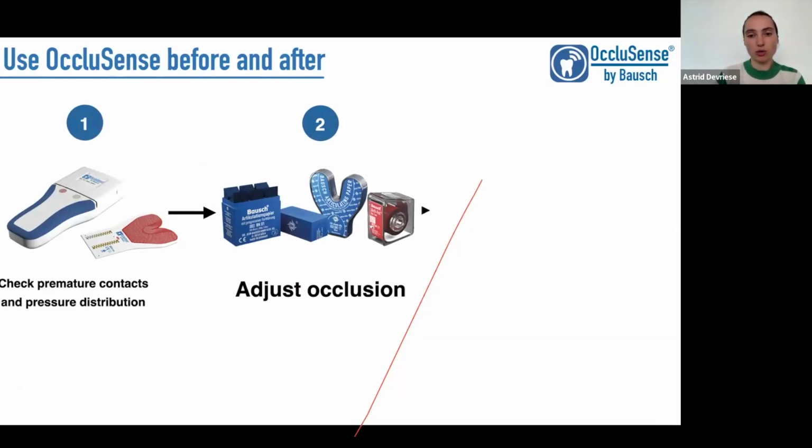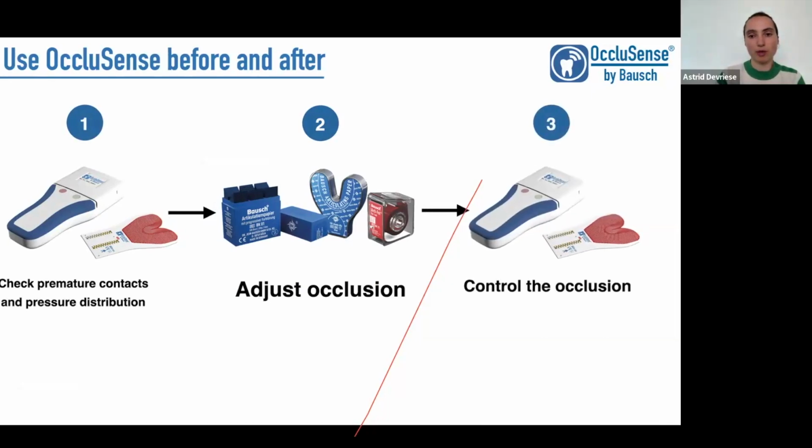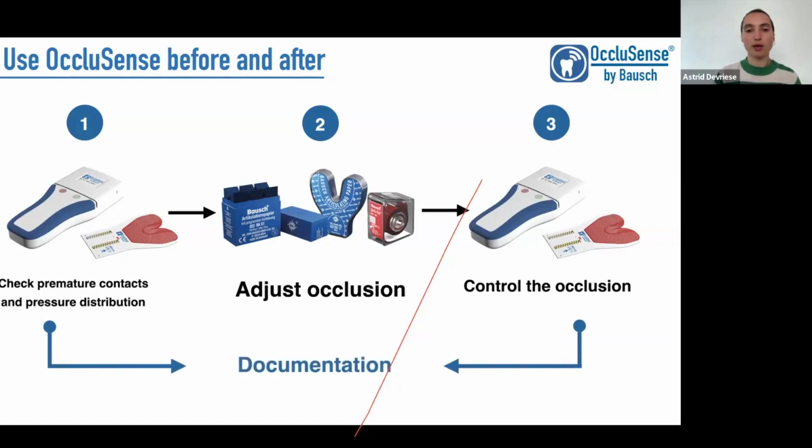Then I adjust the occlusion, and afterwards I perform a control overview with the OccluSense to be sure what changes there have been, and then I make an overlap between those two video sequences to really see what has changed.